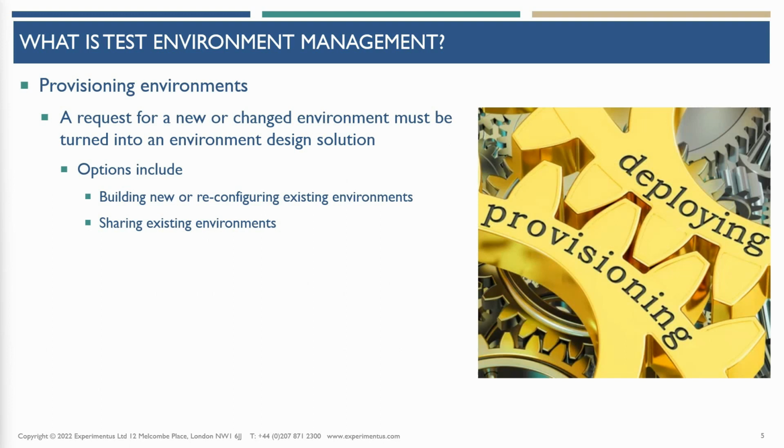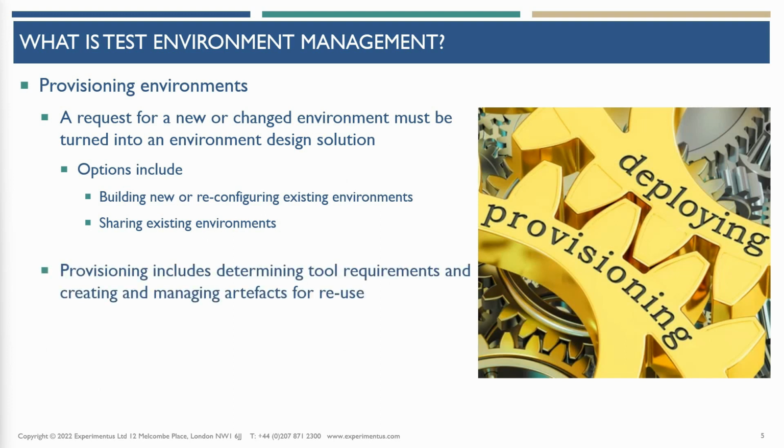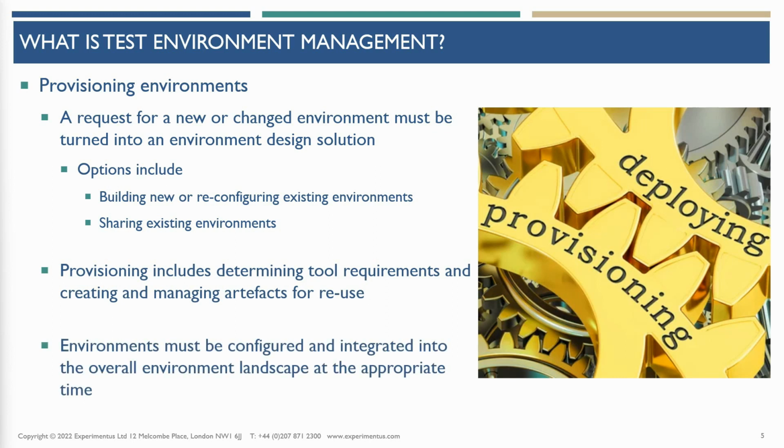Provisioning also includes determining tool requirements and setting them up, and creating and managing various artifacts for reuse and purposes related to compliance and audits. Once created, environments must be configured and finally integrated into the overall environment landscape at the appropriate time. It may also be necessary to manage the initial provision of test data.